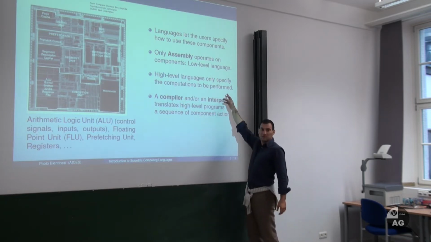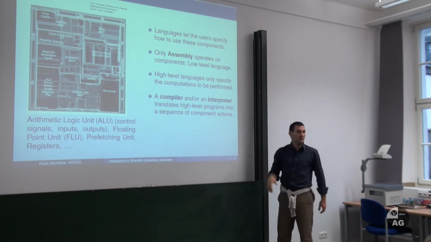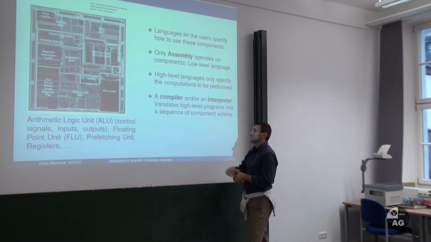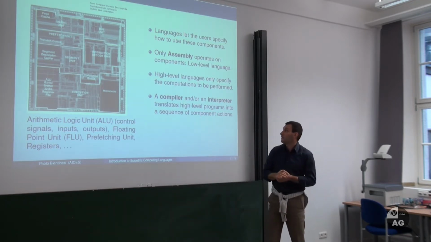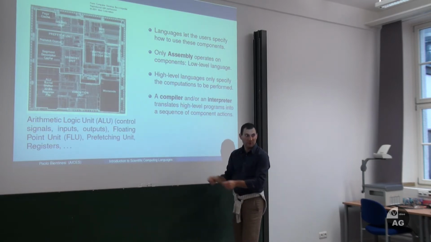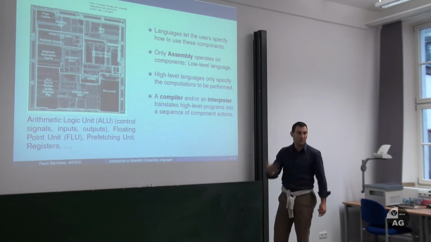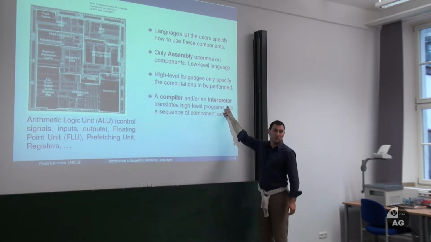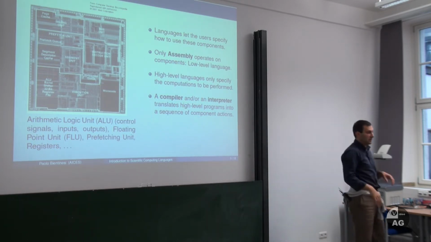And there are languages that allow you to specify that. But for sure, in C or in Java or whatever, you don't say, take this instruction, move it into this register, take these numbers, put them in the register, multiply them together. All of that is done automatically by either a compiler or an interpreter. And I will explain what compilers and interpreters are in a minute.